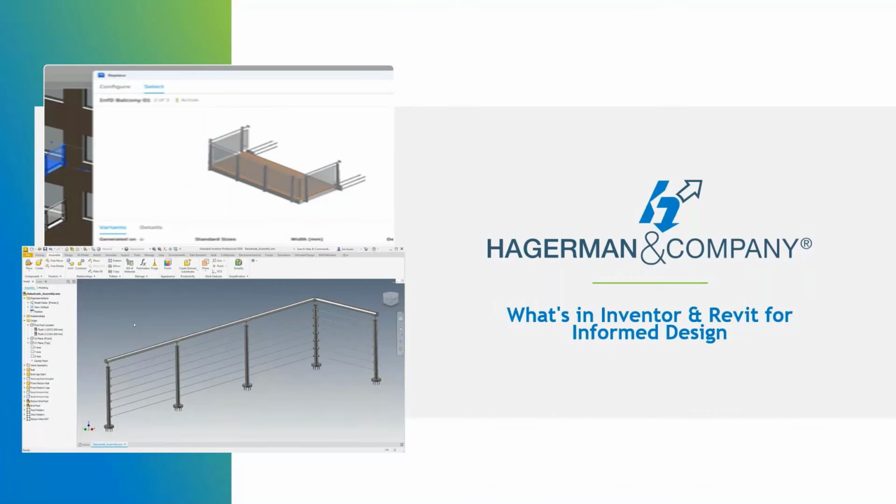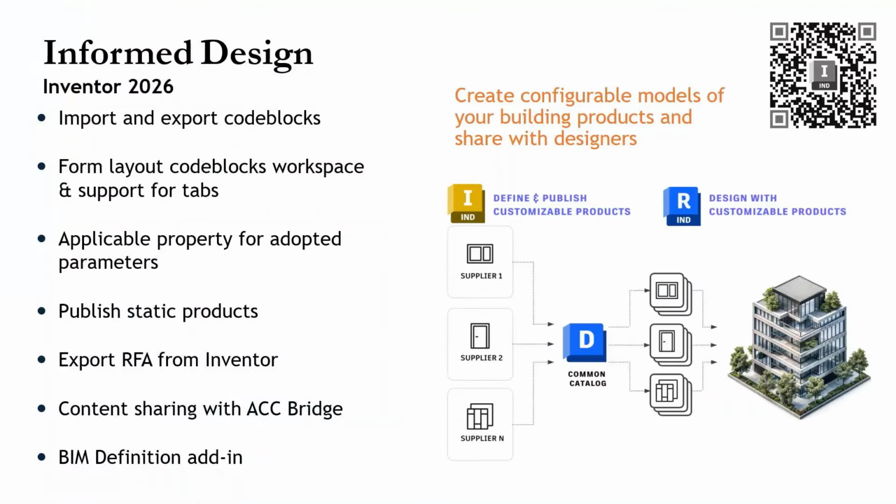So what does that mean? When we're in Inventor and in Revit, there are some tools to facilitate this process. We can create what are called code blocks for Inventor. We can publish static products. Maybe there's just one, it just is what it is. The process exports an RFA, which is a Revit family for Revit folks to consume.